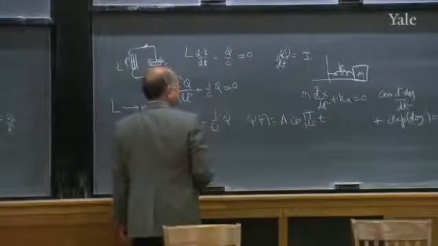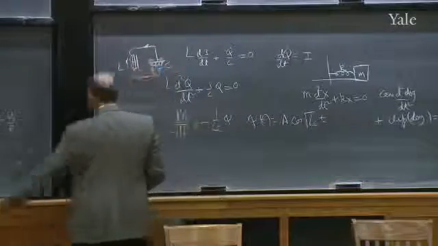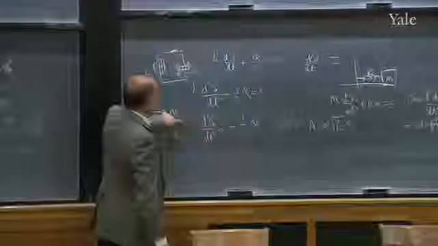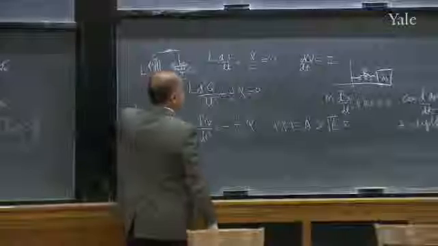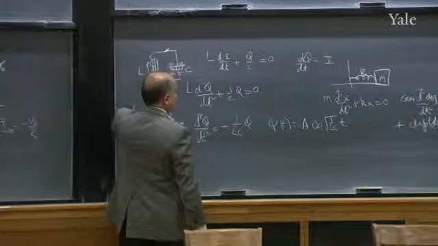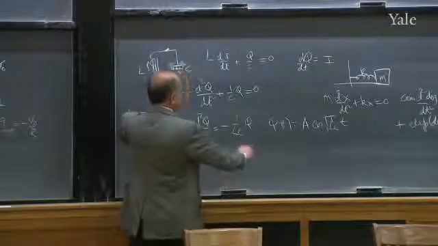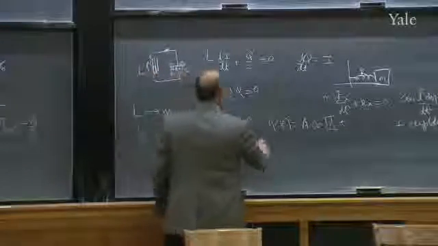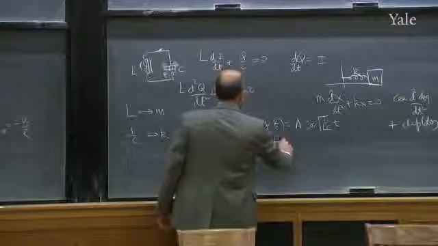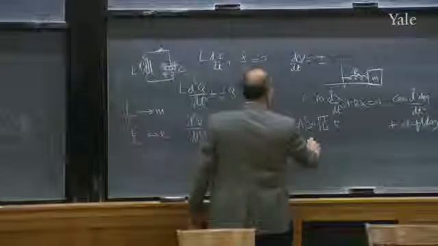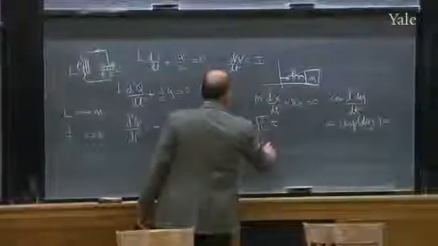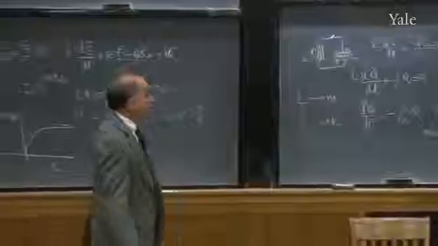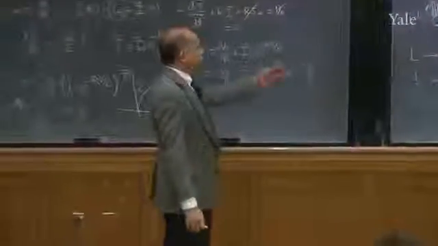Is that right? Yes. If you take two derivatives of Q, you will pull out 1 over root LC each time. Then you will get a minus sign when cosine becomes minus sine, and one more derivative will bring it back to minus cosine. So this is called the frequency, which is 1 over root LC. That's the analog of square root of k over m. Anyway, this will oscillate. It's an electrical analog of the mechanical problem.